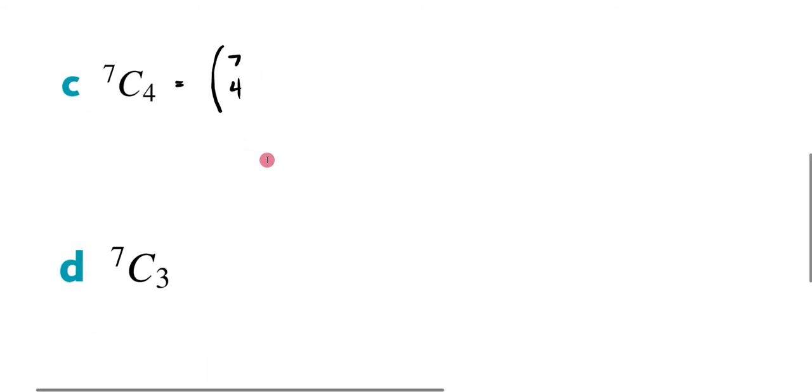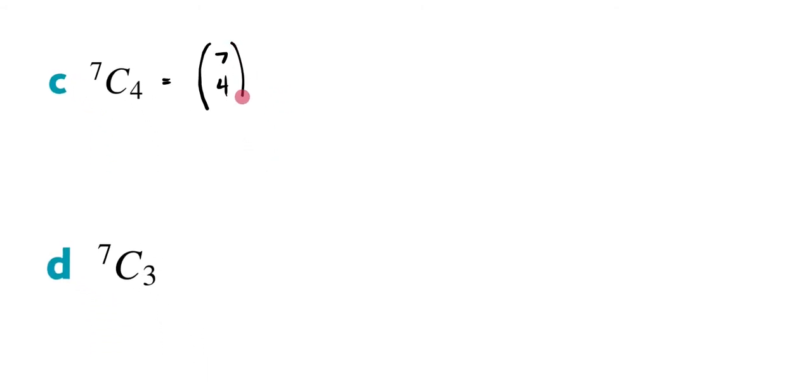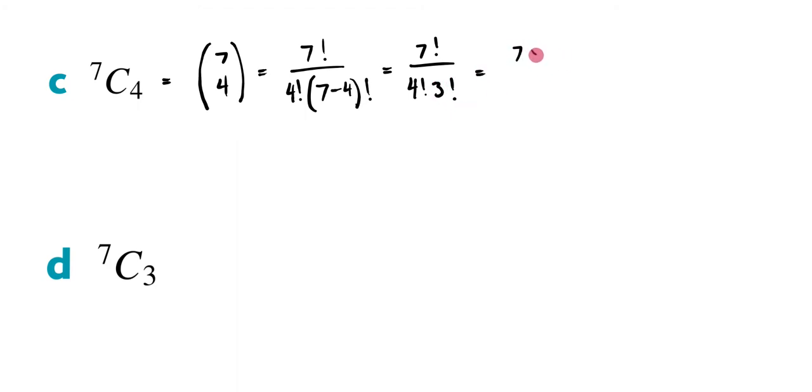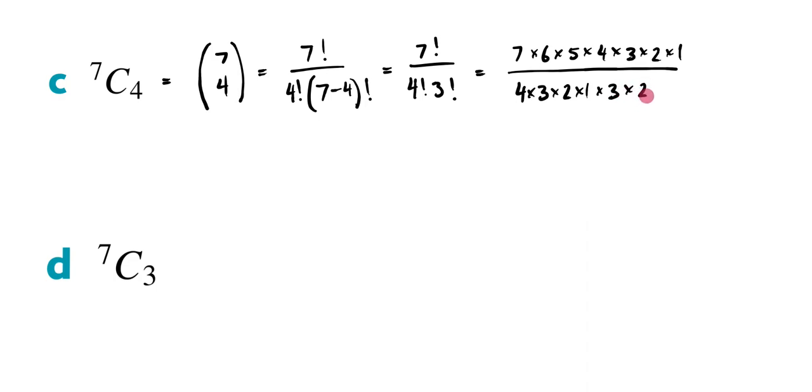That means 7 factorial over 4 factorial, then 7 minus 4 factorial, which is 7 factorial over 4 factorial, 7 minus 4 is 3 factorial, which is going to be 7 times 6 times 5 times 4 times 3 times 2 times 1 over 4 times 3 times 2 times 1, then 3 times 2 times 1.